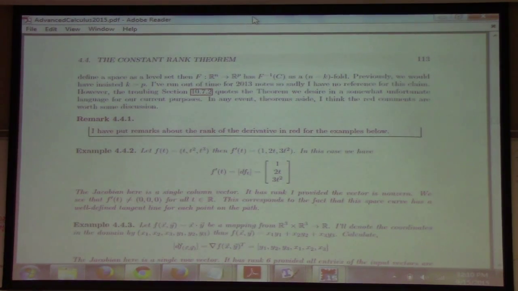So if my Jacobian has 2 linearly independent columns, and I look at what the mapping is doing close to that point, the image is going to be some sort of surface, a 2-dimensional thing. Rank is the number of linearly independent column vectors in the matrix, or you could say it's the number of linearly independent row vectors. Both are the rank.